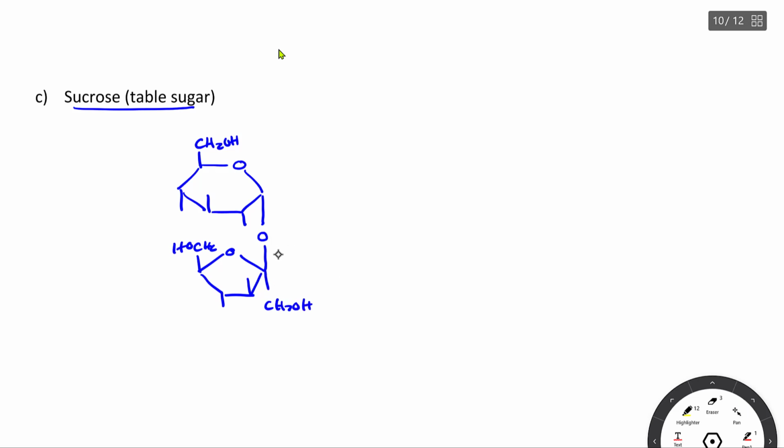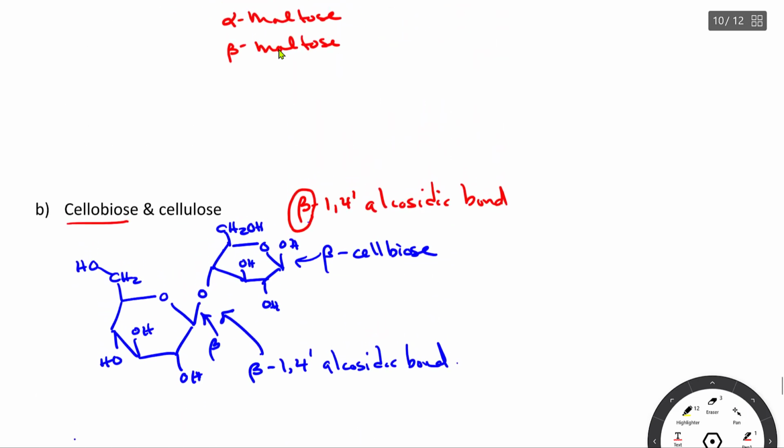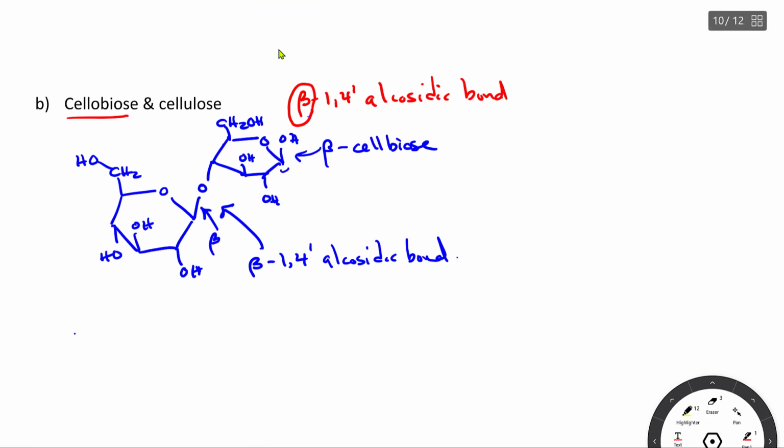So this one is beta, and this one is alpha. And they're connected through what is known as their anomeric carbon. This is the anomeric carbon. I think I forgot to say that. So let me go back up and talk about this for just a second. When I draw this, this could be in the up or down position.